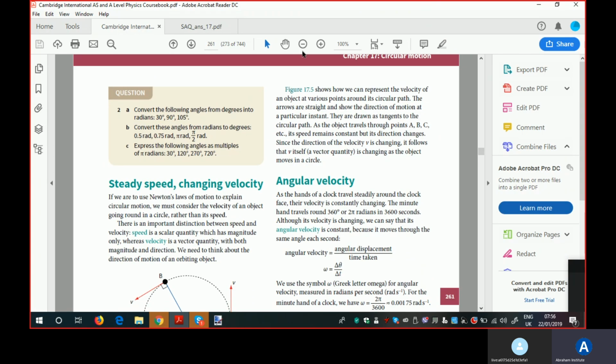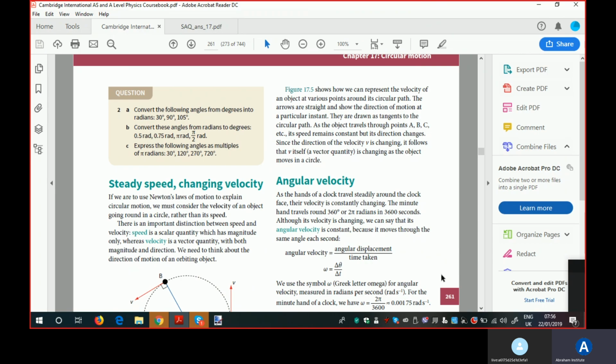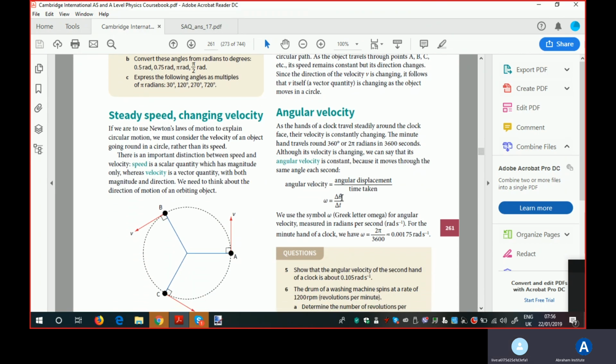Then this is what I explained before about angular velocity, angular speed, angular displacement. You see this equation which I explained before? Angular velocity is equal to angular displacement divided by time, and I showed you what angular displacement is. That is how much of the angle is swept in a unit time.